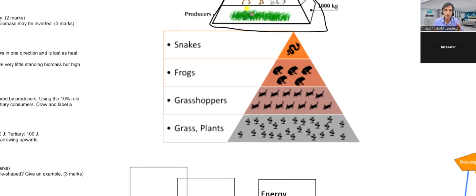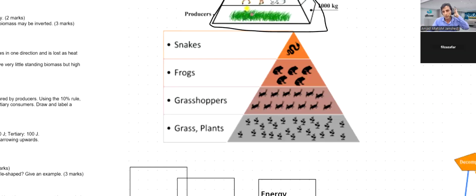So the concept of the pyramid is quite the same. Something is broad at the base, then it is reduced at the top. At each level, level 1, level 2, level 3, level 4, the energy is reducing, the biomass is reducing, the number is reducing, right? So that's the concept of the pyramid.